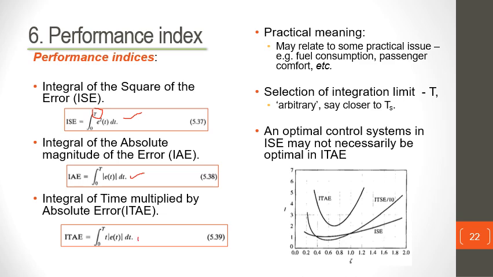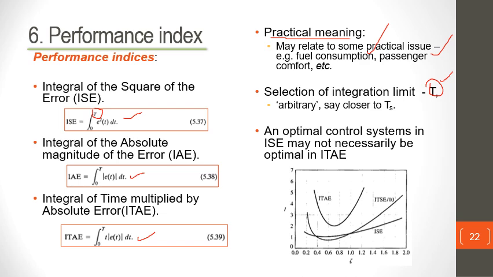It's important to note that there may be some practical meaning to some of these indices. For instance, when designing control systems, you may want to minimize energy usage or fuel consumption in an aeroplane, energy usage in an energy consuming plant, or passenger discomfort in a car.